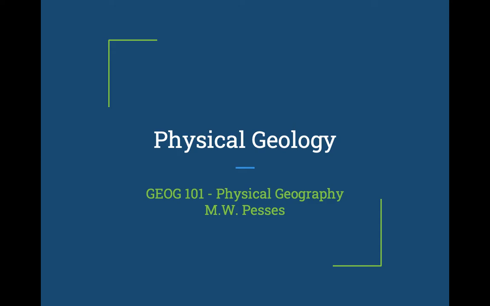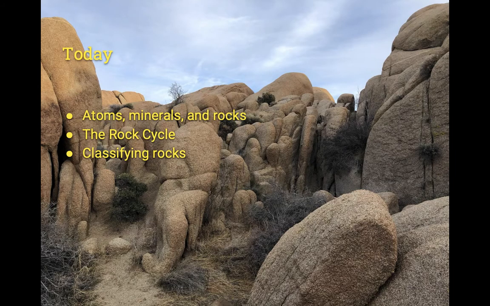Today I'm going to get into physical geology, which is going to be pretty straightforward. We'll get into just what rocks are, as well as minerals, and we'll be classifying this stuff, talking about igneous rocks versus sedimentary rocks and all that stuff that you've probably gone over in elementary school to a certain extent. We'll cover it at the college level here.